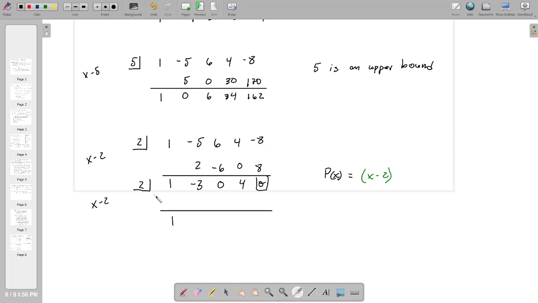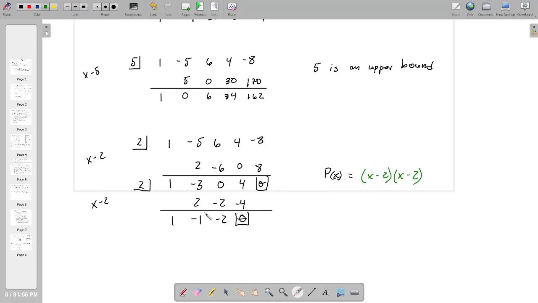One comes down. 2 times 1 is 2. Add, we get a -1. 2 times -1 is -2. Add, we get a -2. 2 times -2 is -4. And notice we get a 0 again, which means that x minus 2 goes into p of x again.